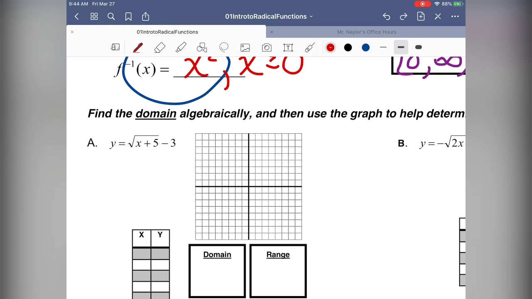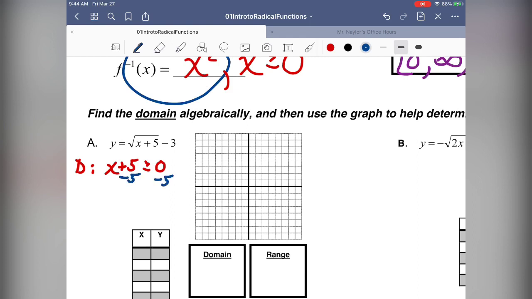And it's always going to be true that whatever's under the radical has to be greater than or equal to 0. Now, the reason that that's the case is because we can't take the square root of a negative number. So if we say that x plus 5 has to be greater than or equal to 0, in effect, what we're doing is we're actually finding the domain.